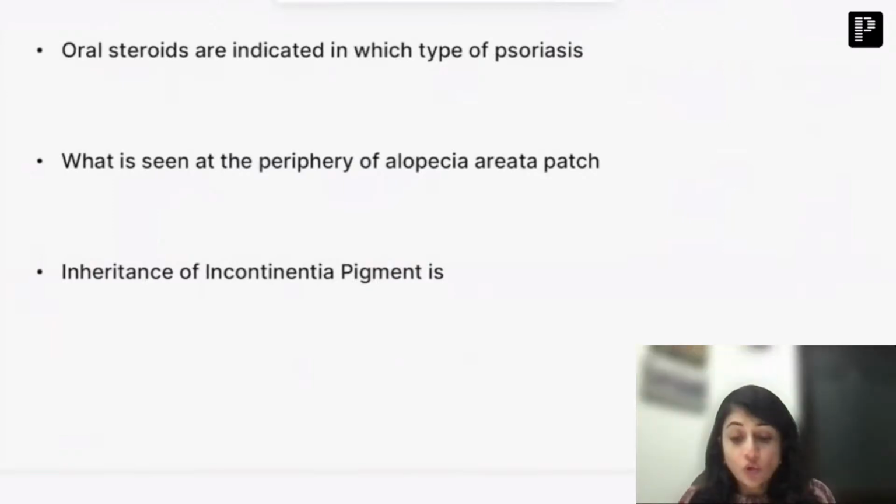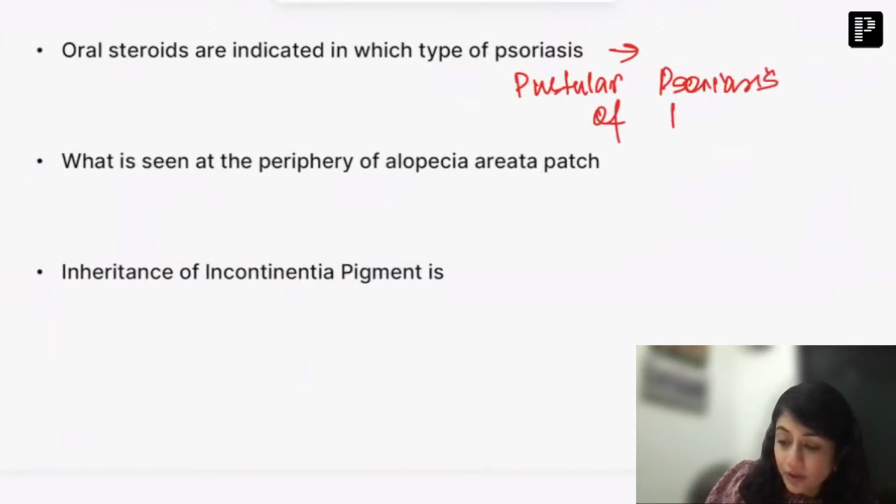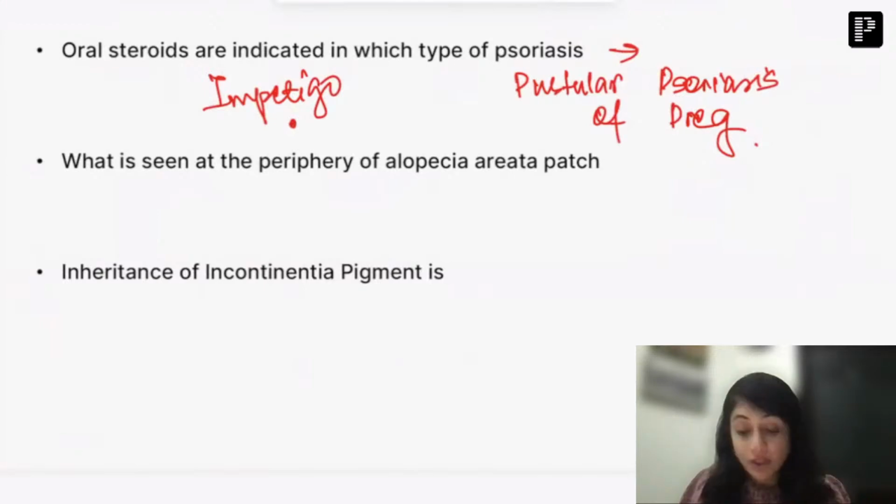Yes, good. Oral steroids are indicated in which type of psoriasis? In pustular psoriasis of pregnancy, which is also called as, yes, impetigo herpetiformis. You do not use it in erythrodermic psoriasis.